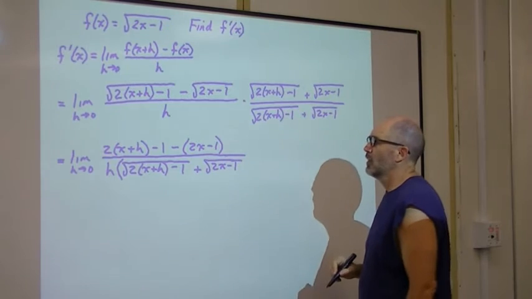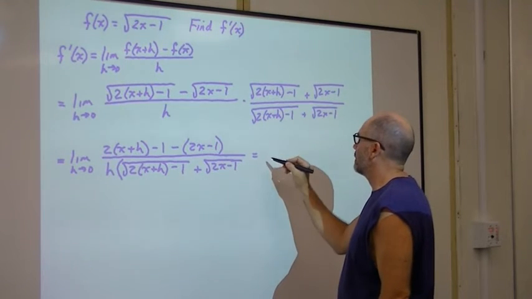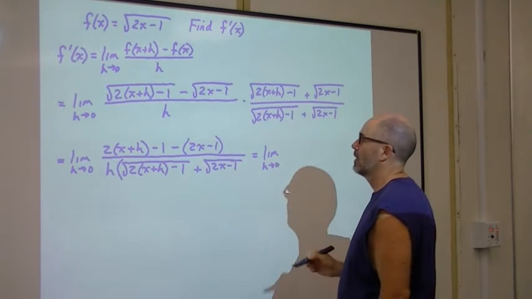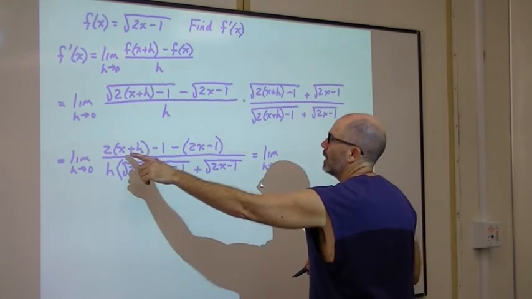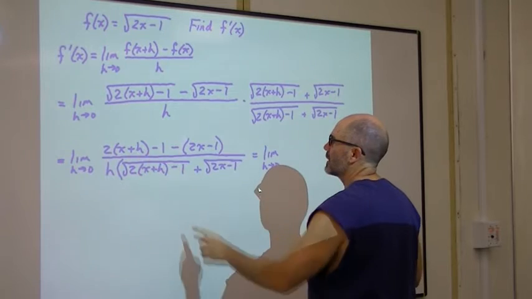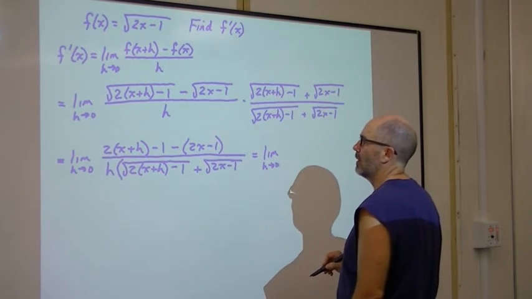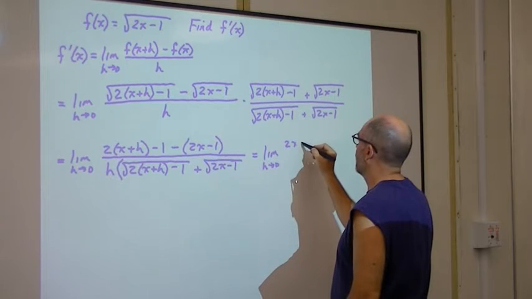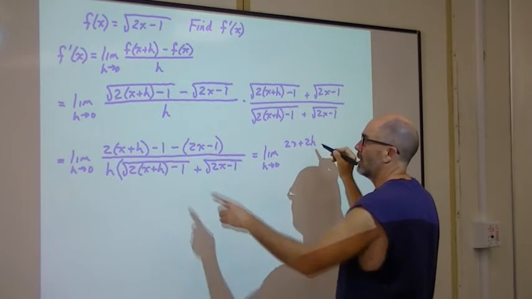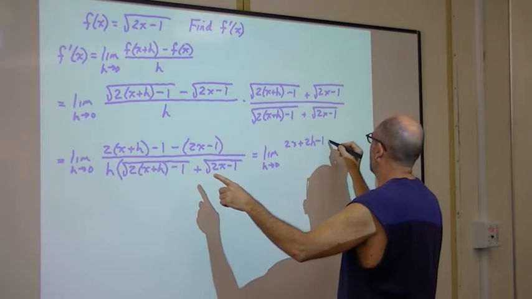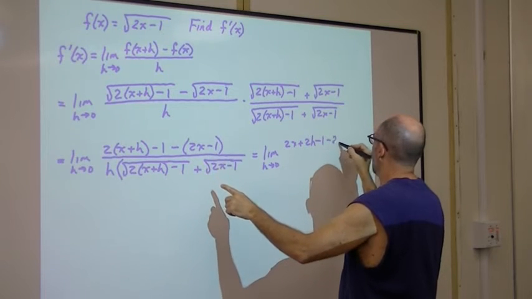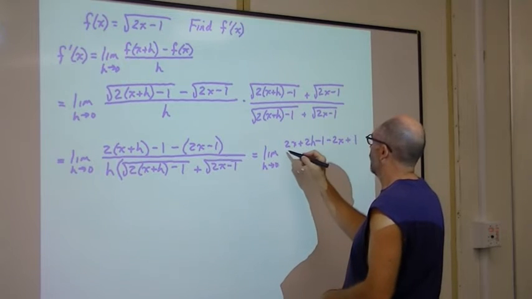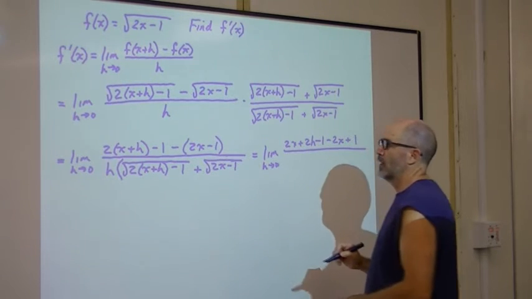All right, so now notice what we have on top is 2x, well, let's just distribute it out. All right, so we have 2x plus 2h minus 1 minus 2x minus a minus 1, which is plus 1, all over the denominator.